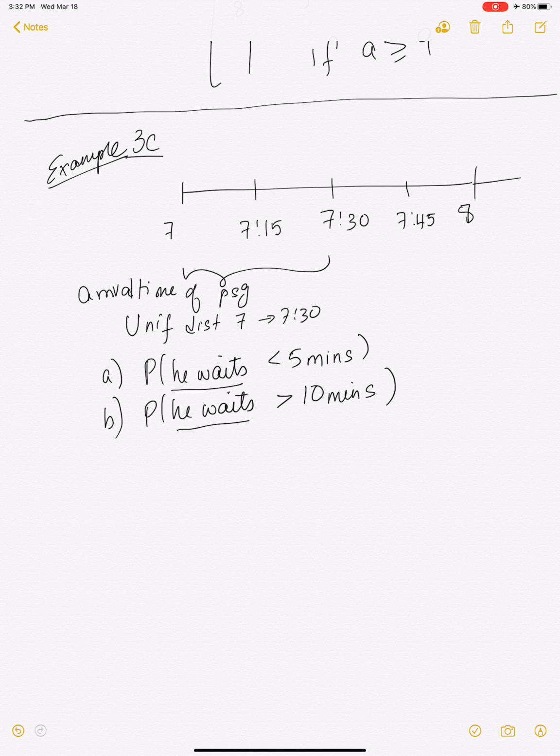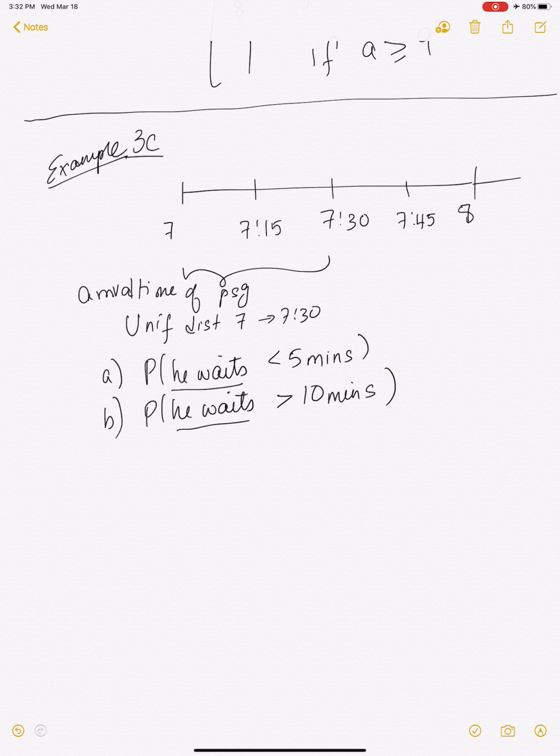So instead of that, you don't let t be the amount of time he waits. What do you think you should let t be? You should let t be the arrival time of the passenger. So you might want to say, let t be the arrival time of a passenger, so t is uniform from 7 to 7:30.